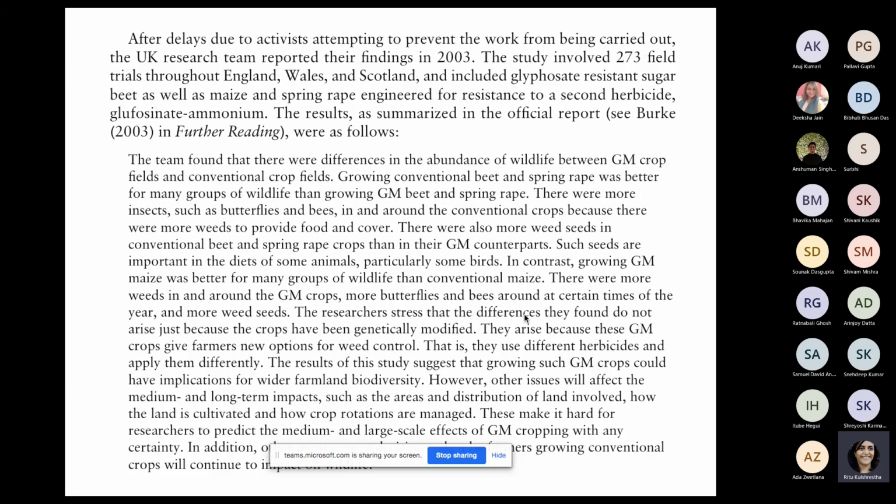So there are a lot of issues related to GM crops, a lot of politics, a lot of discussion, a lot of beliefs, and a lot of misinformation also, because of which in many countries they are completely banned still.